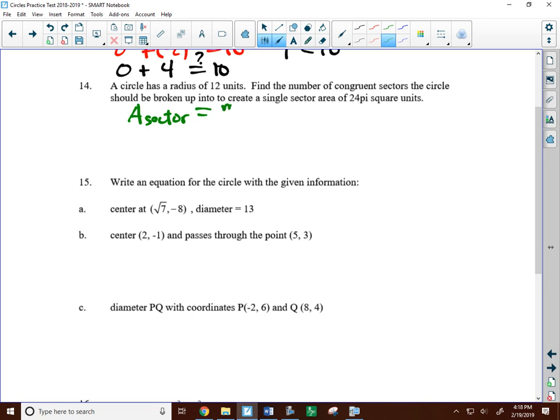The arc measure, or the central angle, over 360, times pi r squared. Let's see, they give us the area of a single sector. So let's plug that in here, 24 pi. They give us the radius. Now, they don't give us the arc. So I'm going to call that x.